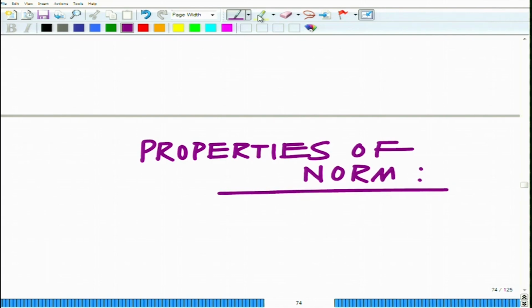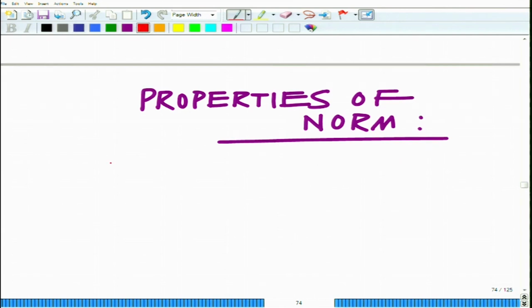The properties of the norm are as follows. The first property is that the norm of v bar is greater than or equal to 0.